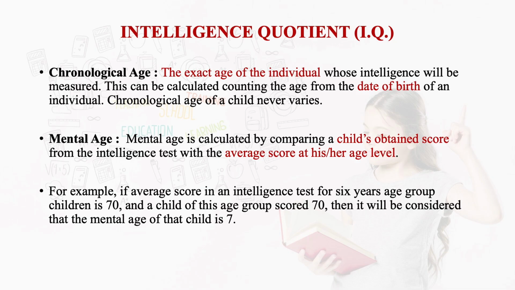Or let in an achievement test, let the average score be 70 for the 14-year age group. If a particular student achieves 70 in that test, then you can say that his or her mental age is 70. But many a time you will find that a 14-year-old student is not able to score 70, or a 15-year-old student is also not able to score 70. So that's why mental age may vary.